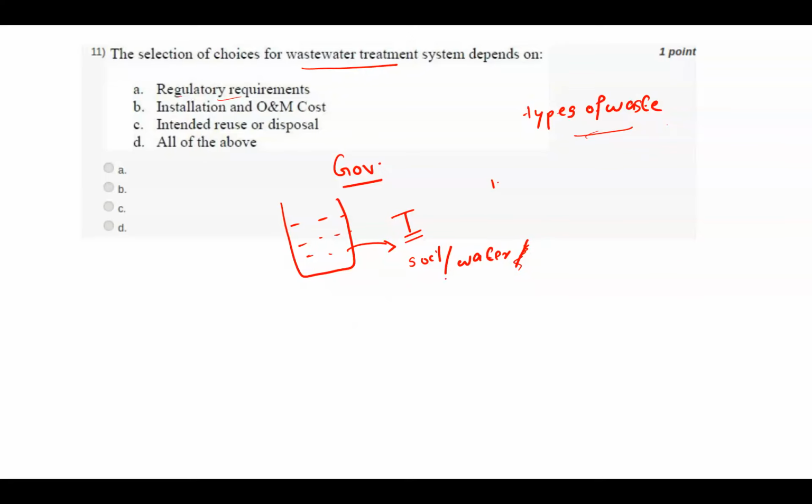Then we have to treat that wastewater again, make it fall under the limit of safe disposal, and then we can dispose. That is regulatory requirement.